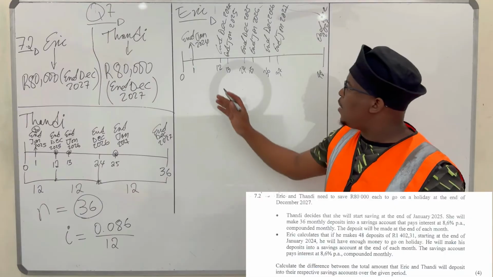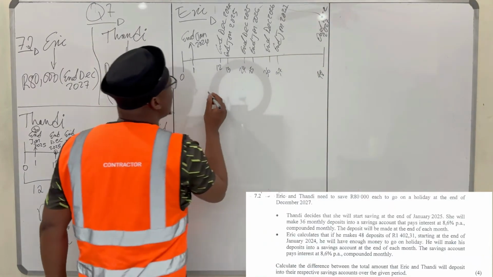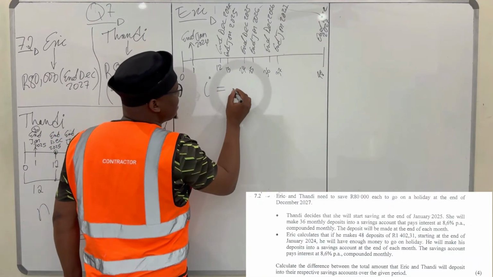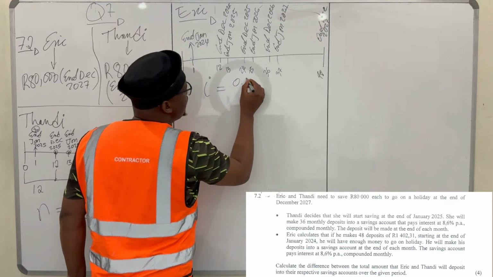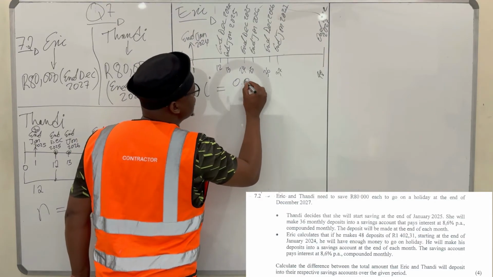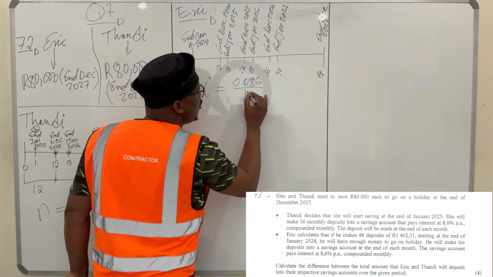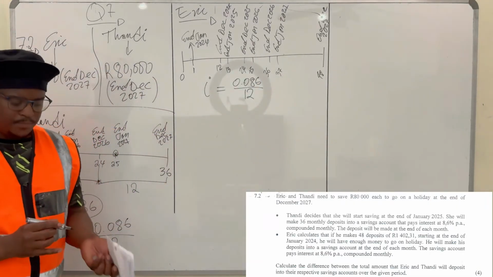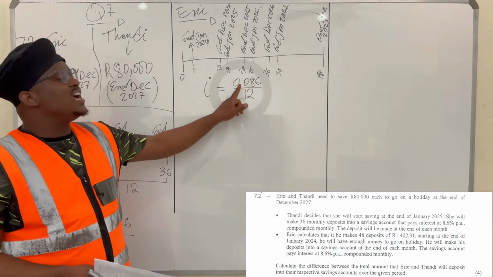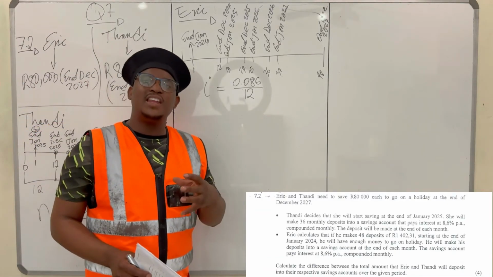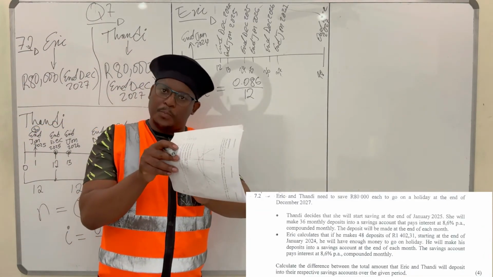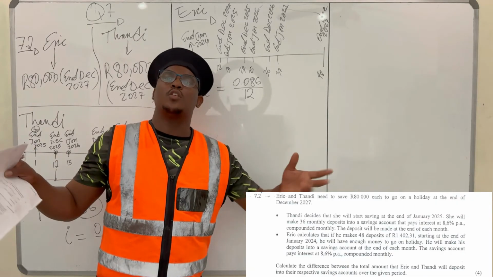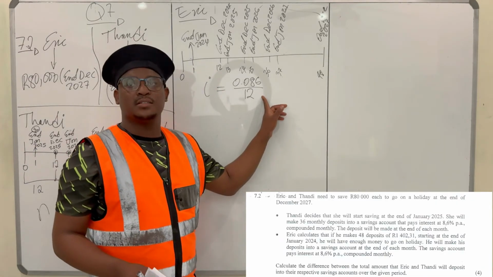So our friend's account is getting interest of 8.6% per annum, right? So over 12 months, each month he'll be getting this interest rate, because you get 8.6 for the year, and in a year there's 12 months, so distribute that 8.6 over 12 months. This is what you would get.